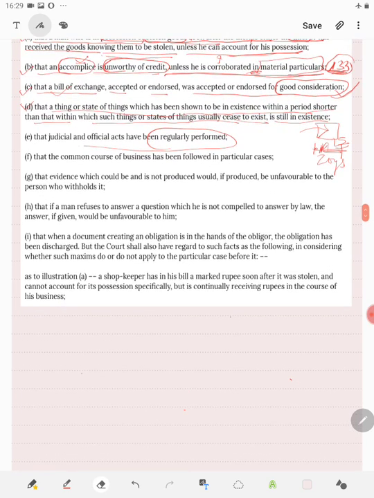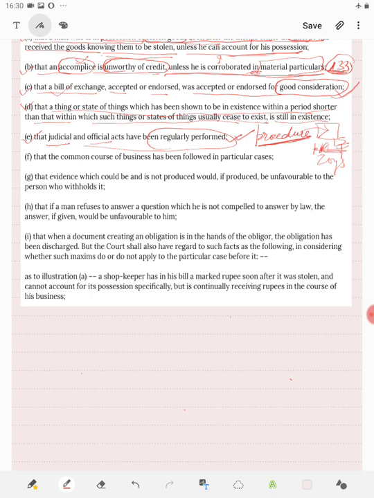So there is a presumption that the court can make, that whatever was done judicially or, suppose, by a police officer, it was done as per the procedure. Remember here that the presumption is about the procedure, it is not about the act itself. So we will presume that the correctness of procedure was there.